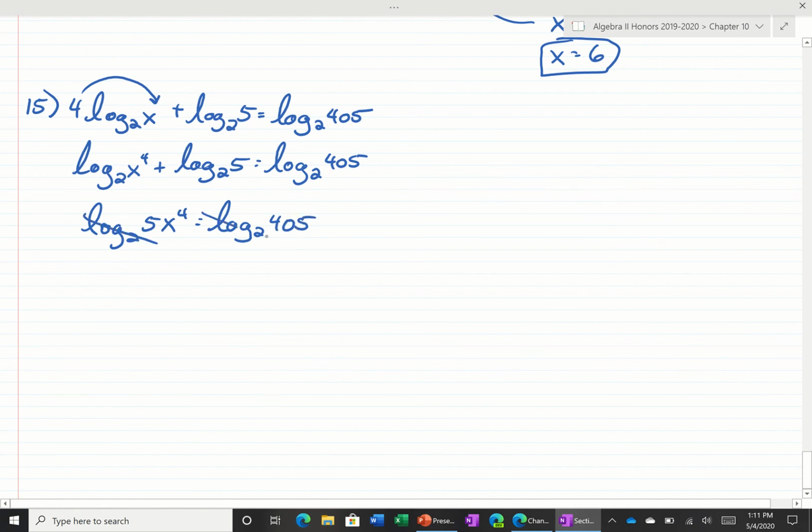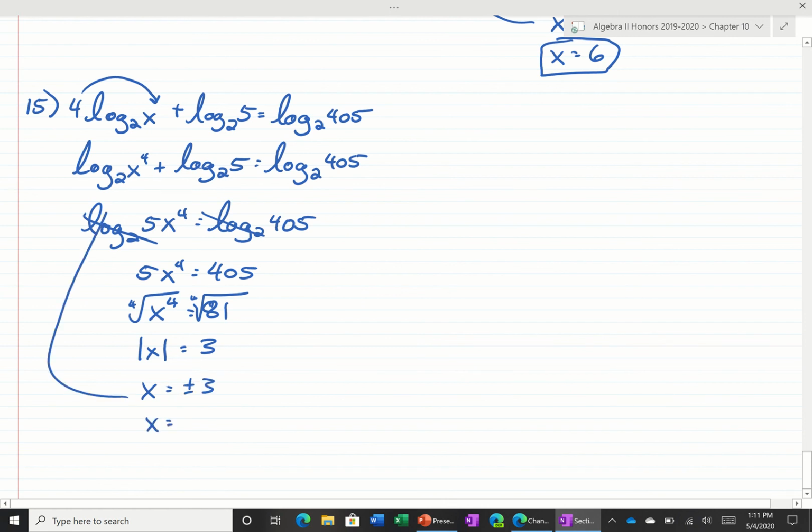Property of equality cancels these. Dividing by 5 on both sides would give us 81. And the fourth root of 81, this would turn into absolute value. This would be 3. X can't be positive or negative 3 because that would turn the base negative. So we'll just keep positive 3.